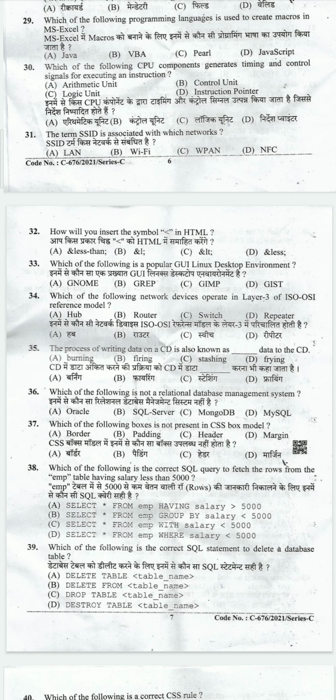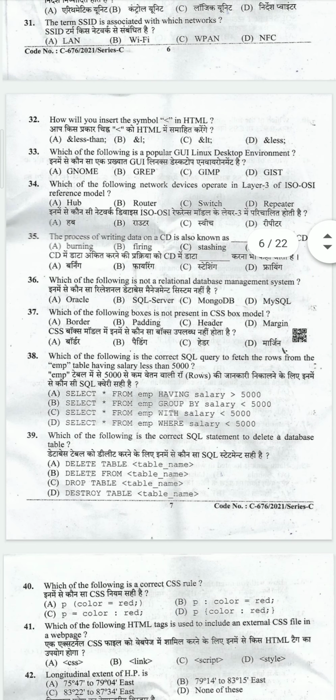Question 36. Which of the following is not a relational database management system? The answer to this question is option C, MongoDB. Question 37. Which of the following boxes is not present in CSS box model? The answer to this question is option C, header. Question 38.